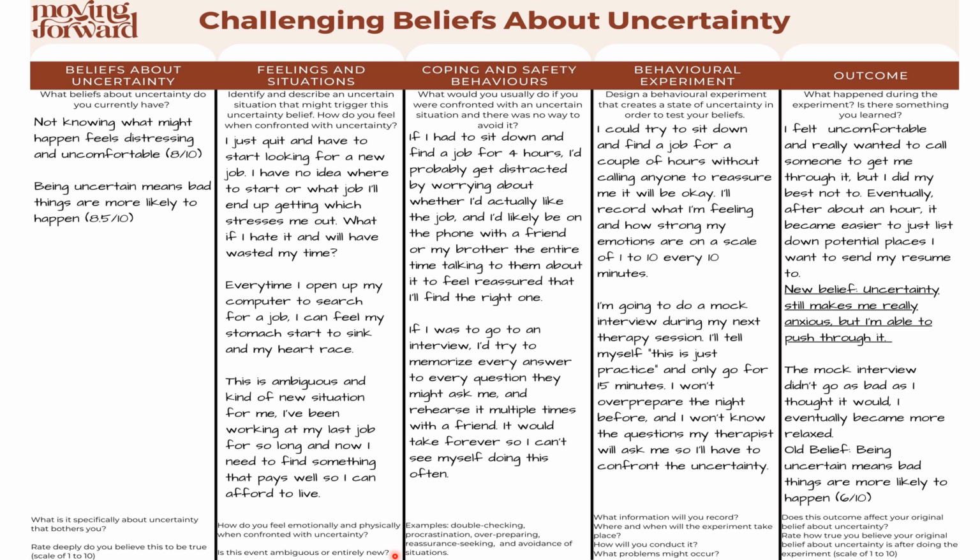You can ask them, what would you usually do if you're in an uncertain situation like the one you just mentioned and there's no real way to avoid it? Or is there something you would typically do to feel more certain and feel more safe?